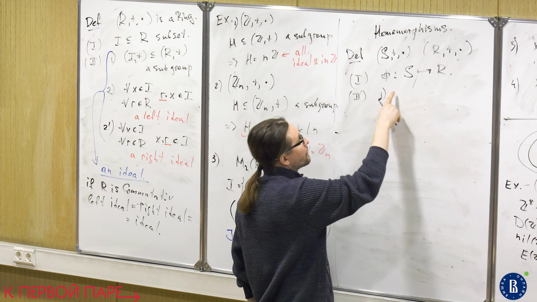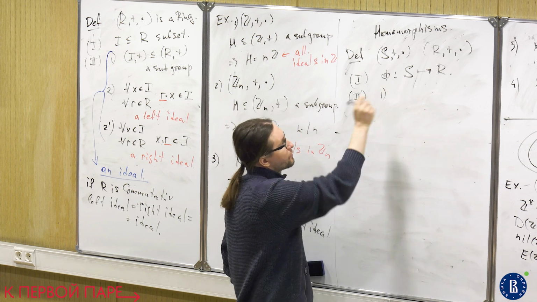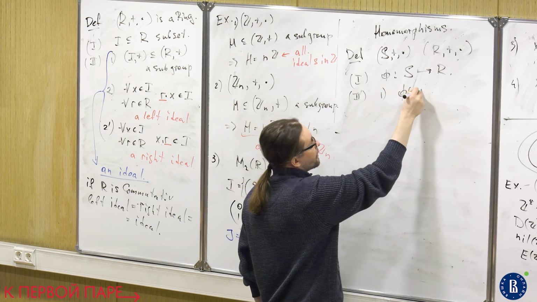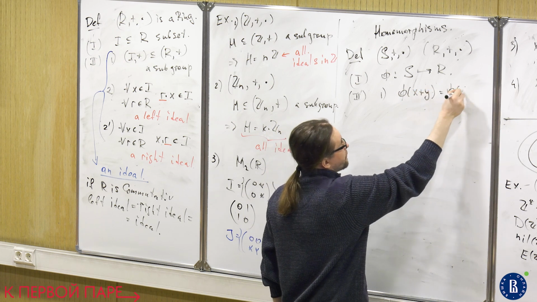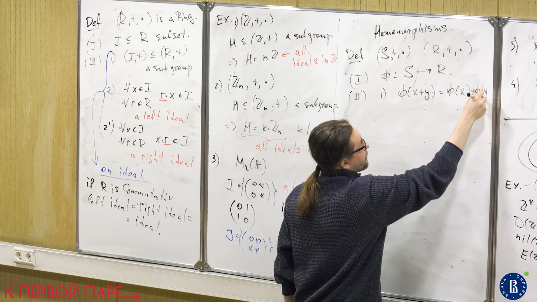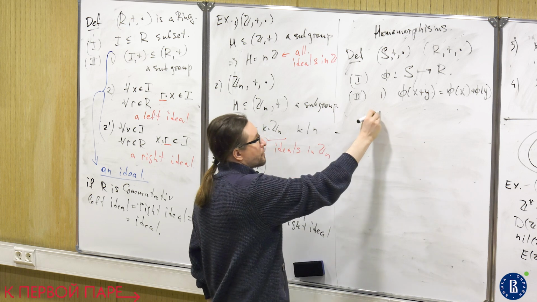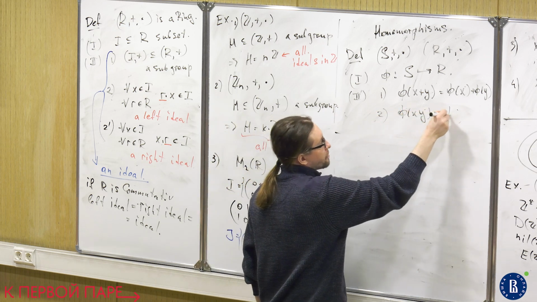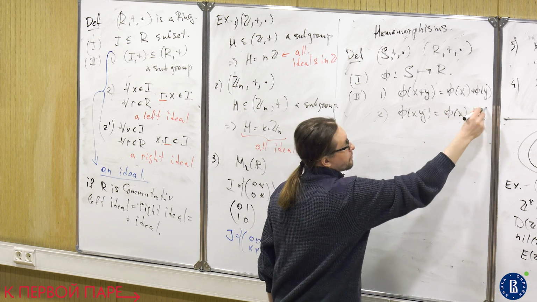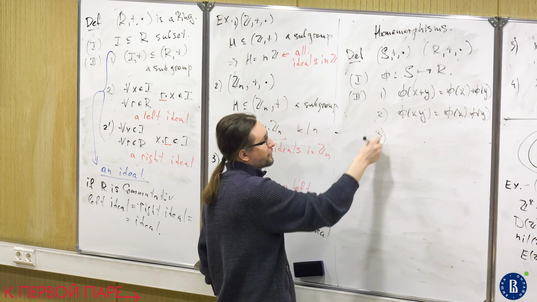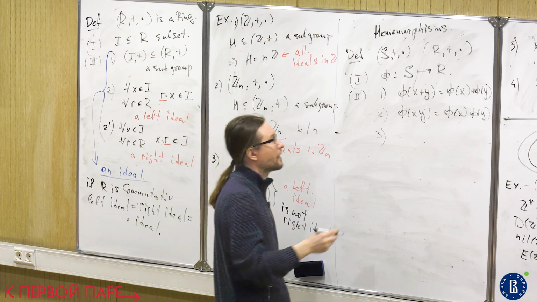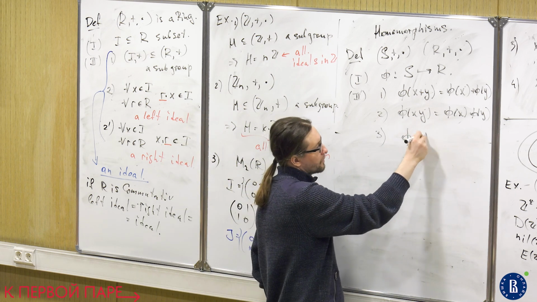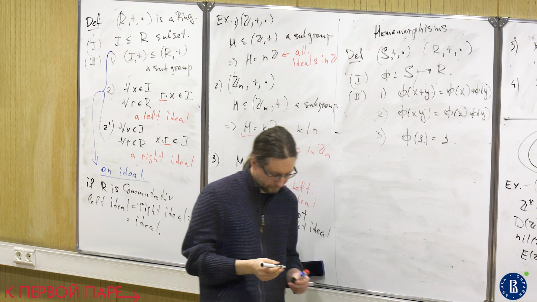Property number one, phi must preserve the addition. So phi of x plus y equals phi of x plus phi of y. Property number two, phi must preserve multiplication. And property number three, which is not an obvious one, phi must preserve the neutral element with respect to multiplication.